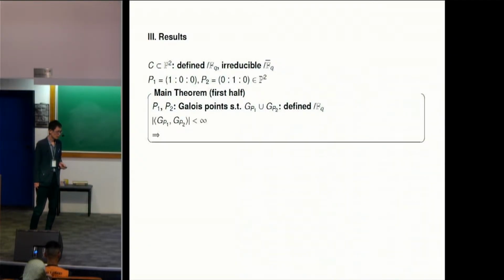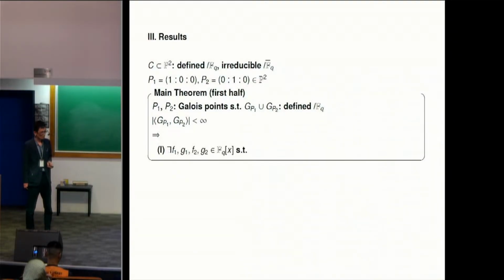Further, we assume that the group generated by G_P1 and G_P2 is a finite group. Then we have the following.